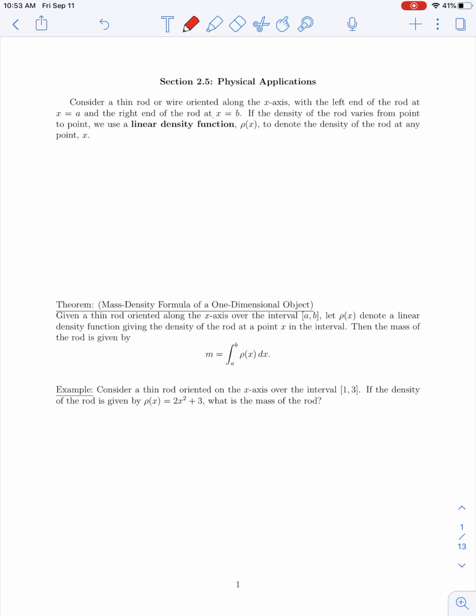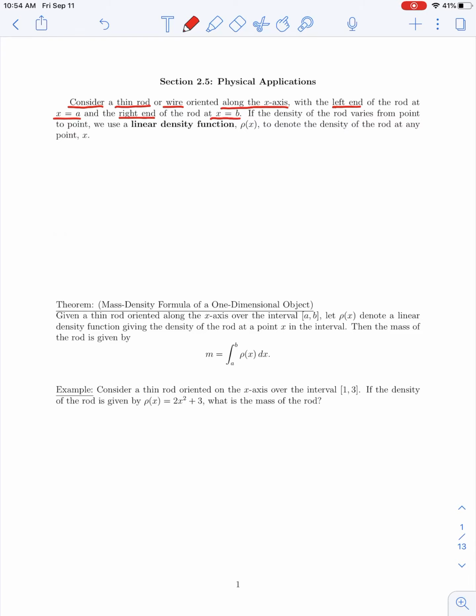varying density throughout. And in the first part of this section, we'll consider the one-dimensional case, where we're working with a thin rod or maybe a wire. So let's consider the following. Consider a thin rod or perhaps a wire which is oriented along the x-axis with its left end at x equals a and its right end at x equals b.